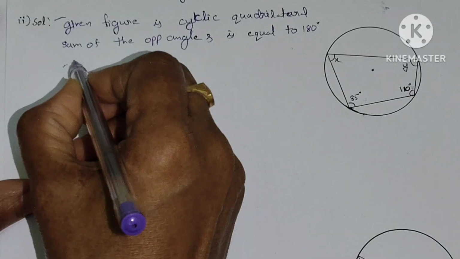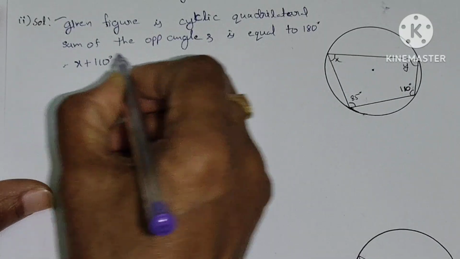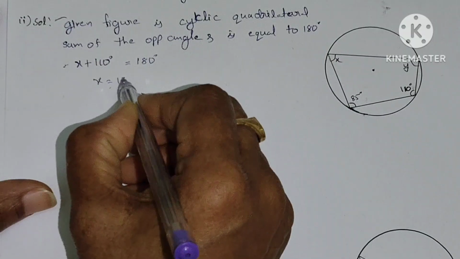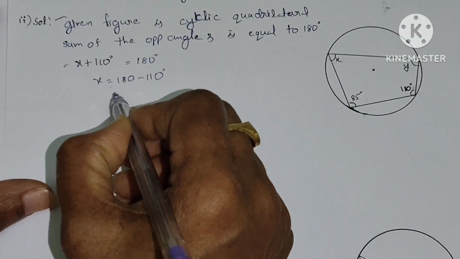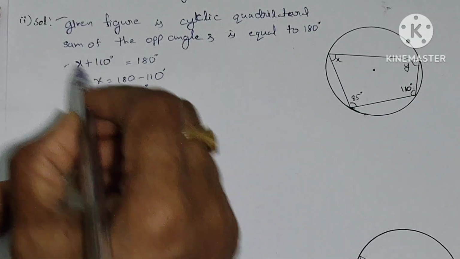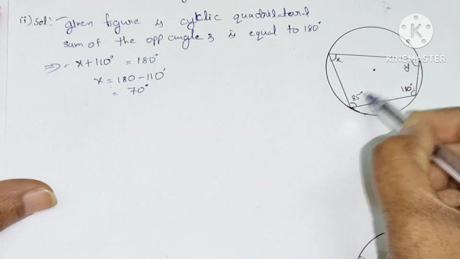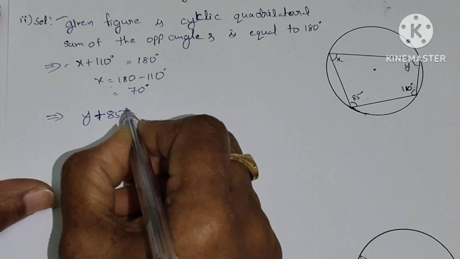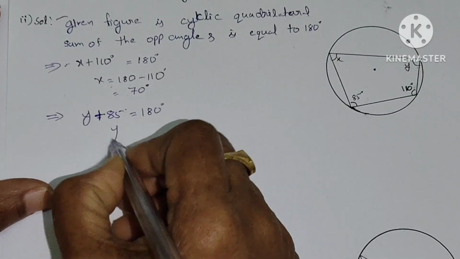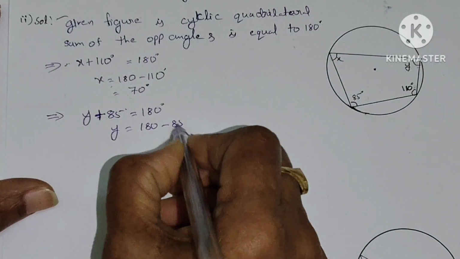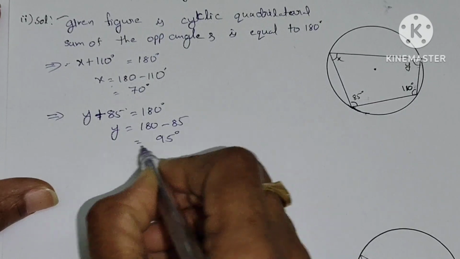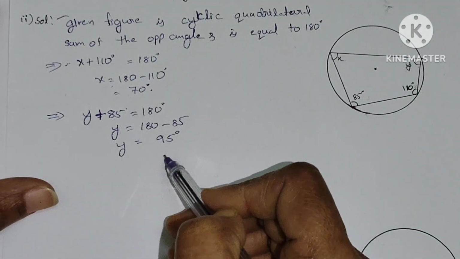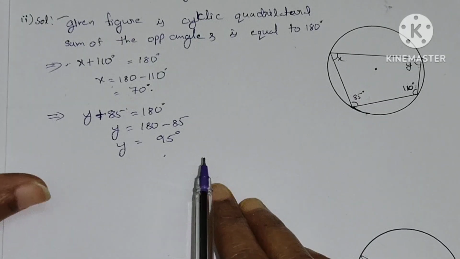So x plus 110 equals 180, so x equals 180 minus 110, which is 70 degrees. Next we take the other opposite angles: y plus 85 equals 180, so y equals 180 minus 85, which is 95 degrees. So x equals 70 and y equals 95. This is the solution of the second one.